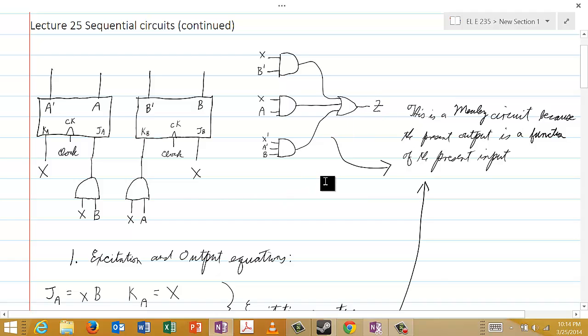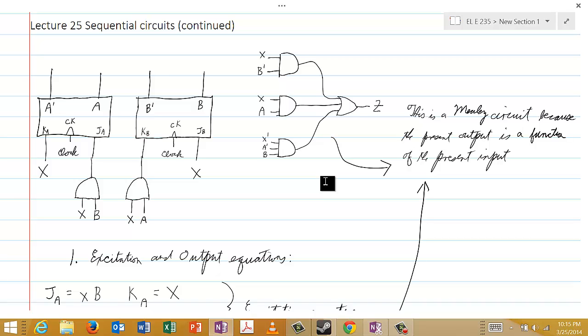So we're not going to worry, when we give an input sequence of X's and determine what the output sequence of Z's will be, about that brief moment when the clock has the positive edge, from the moment before when X is allowed to change to the moment after when A and B will change.